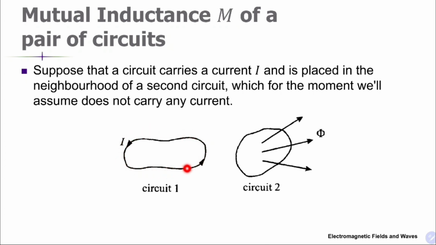Circuit 1 generates magnetic flux, and that magnetic flux cuts through a second circuit. This flux gives rise to some inductance in the second circuit, and that is called the mutual inductance. The second circuit doesn't carry any current. The current is in circuit 1, which generates magnetic flux that cuts through the second circuit.